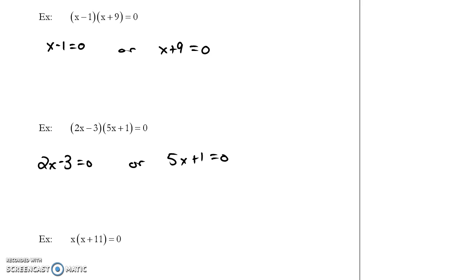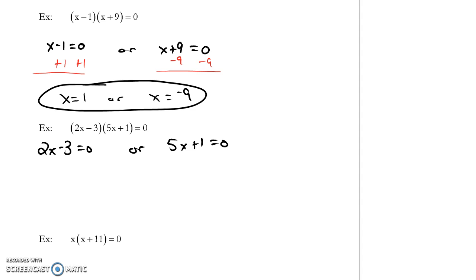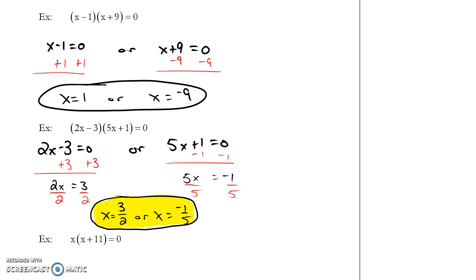Go ahead and pause and finish if you haven't done so. So in our first example, we should get x equals 1 or x equals negative 9. And the second example is x equals 3 over 2 or negative 1 over 5. We need the x equals, and that would just happen to be solving a two-step equation.